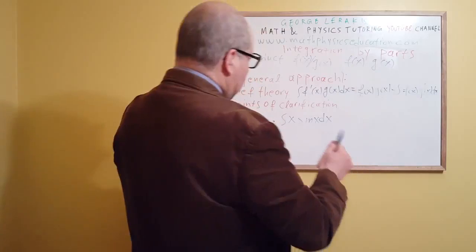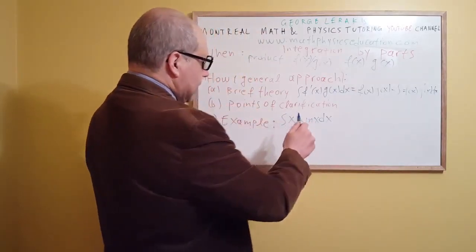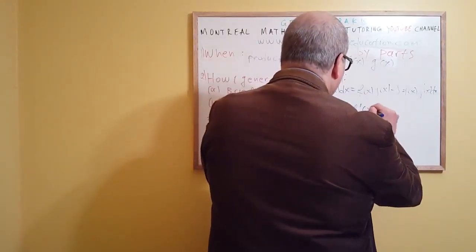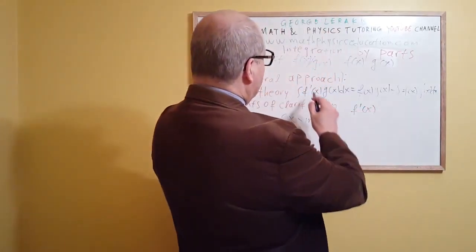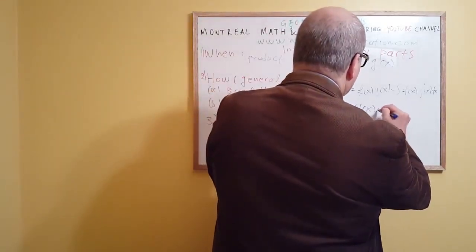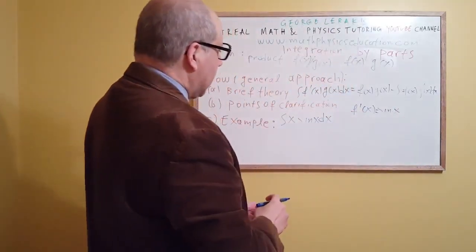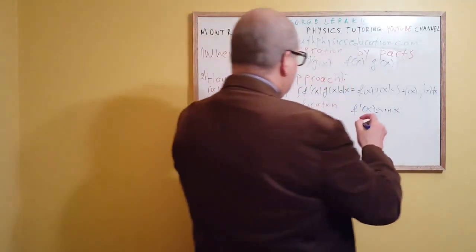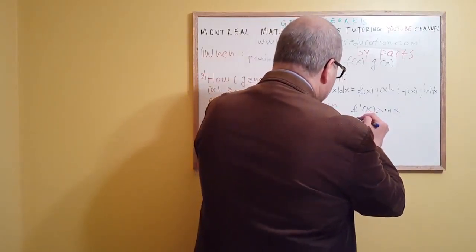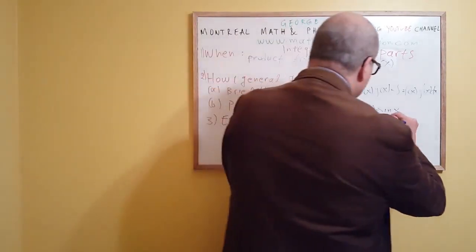Here I choose as f prime of x the sine of x, and what is left is that g of x has to be equal to x.